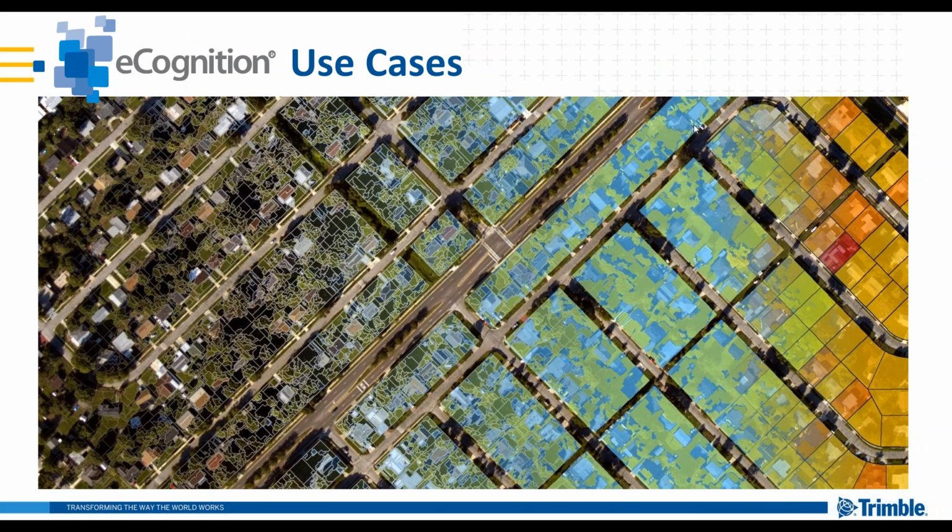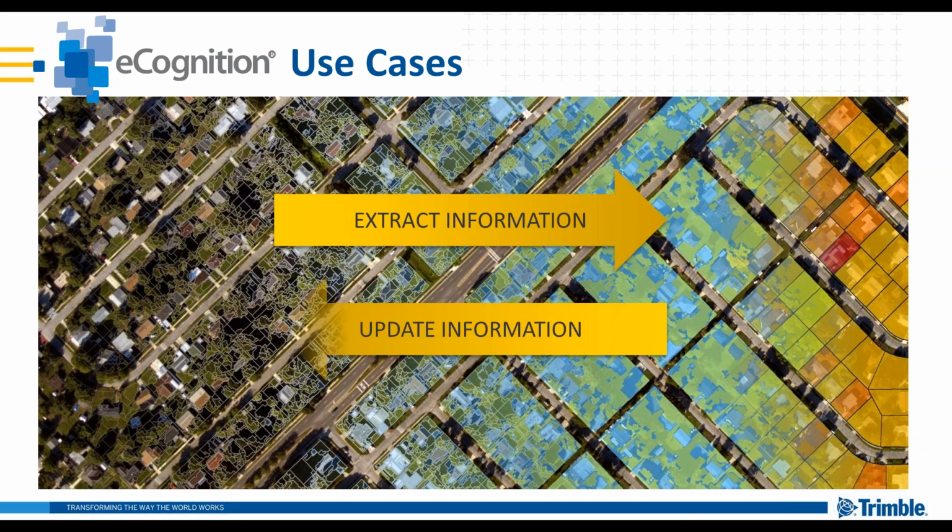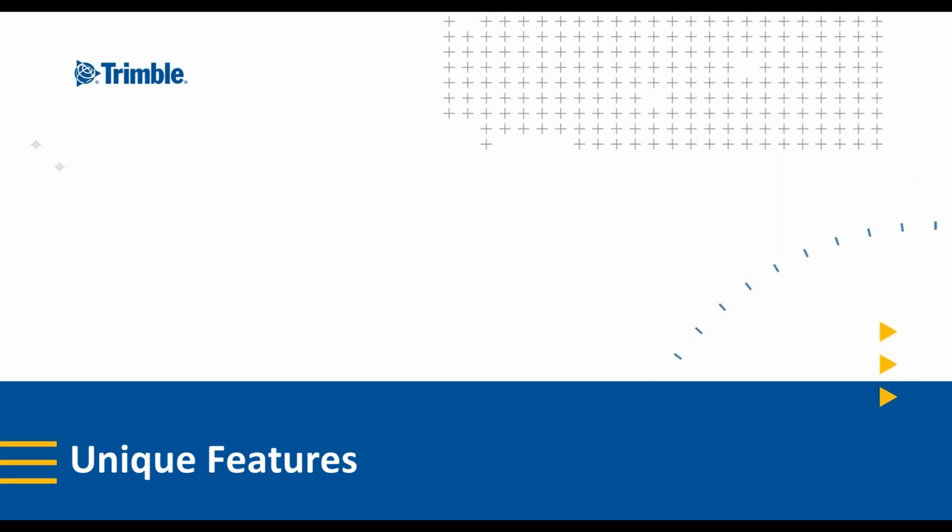There's really 2 basic processes of utilizing the software. One is this extraction of information out of the raw data into a more usable vector form or informational image data form. The other is bringing that information back in a comparative or change detection process, looking from the new data that's been collected back to the older information it's being compared against.